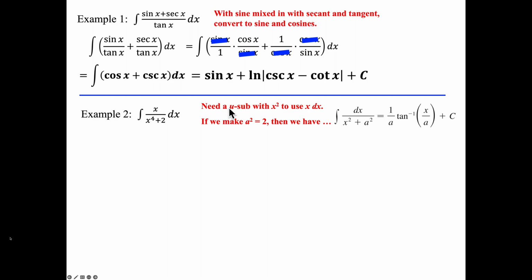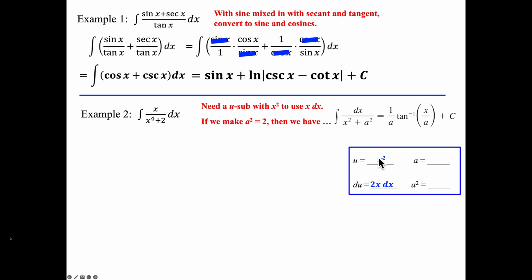So I'm going to let u be x squared, and then du is 2x dx. So there's my x times my dx. We'll just have to take the 2 and divide it over to the du when we substitute it in. My 2, that's going to be my a squared, and then so a is the square root of 2.